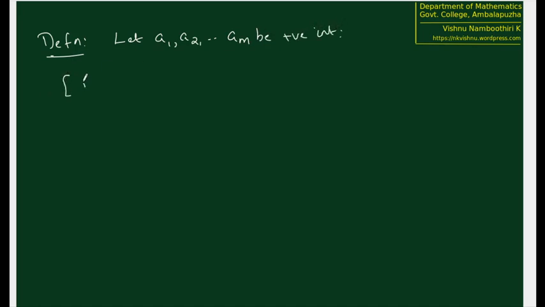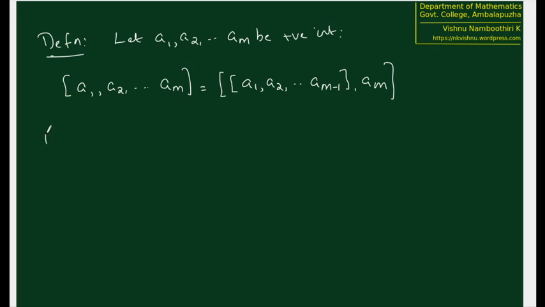Then we define the LCM of A1, A2, etc., Am recursively in this way, equal to LCM of (LCM of A1, A2, etc., Am minus 1) and Am. That means to find the LCM of three integers, we need to find the LCM of the first two, then take the LCM with the third integer.